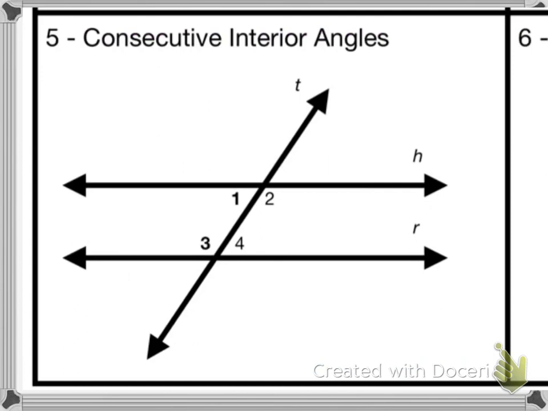Next, we're going to have what is called consecutive interior angles, or you might also see it as same side interior angles. And so for these, they're just like it says, they're going to be on the same side.